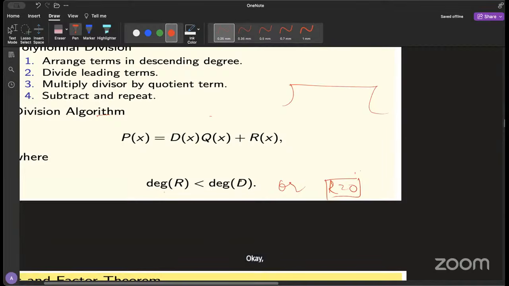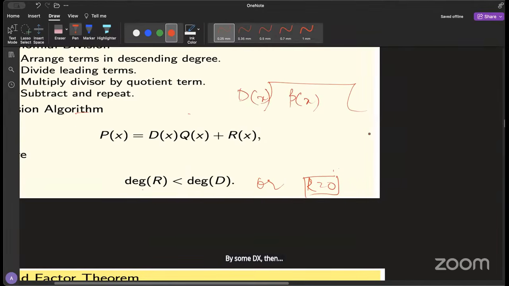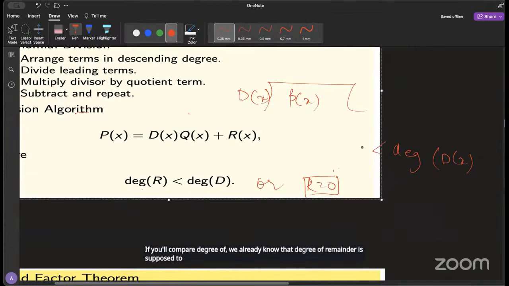Okay, let's say you're dividing p(x) by some d(x). We already know that the degree of the remainder is supposed to be strictly less than the degree of d(x), right?